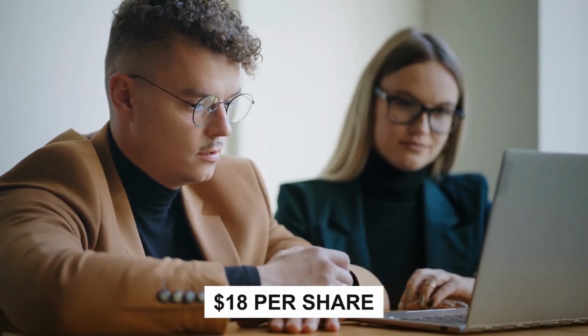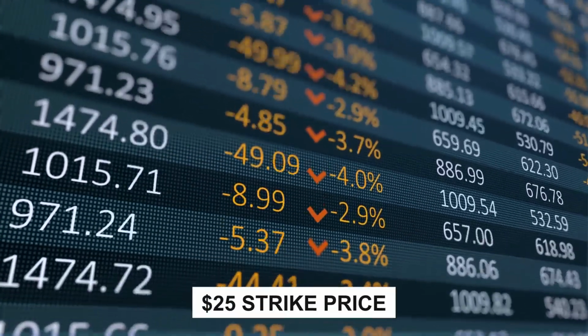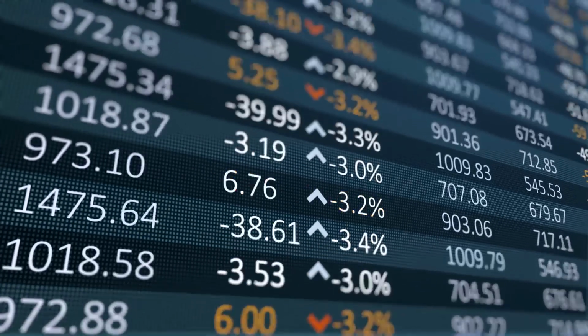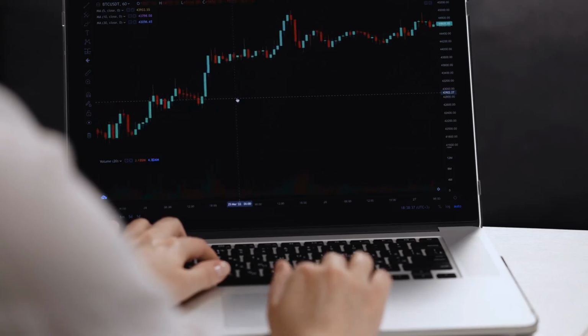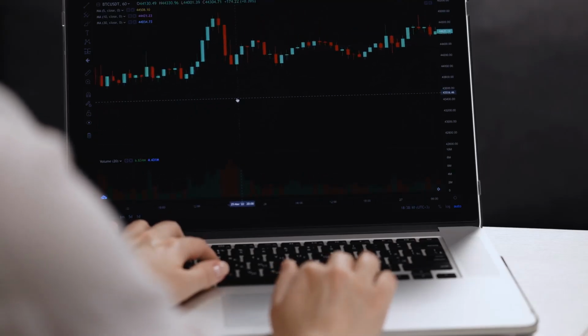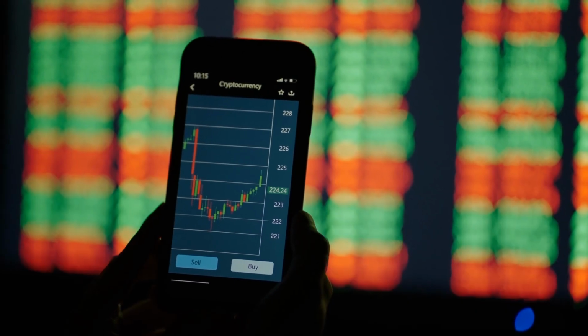Let me explain further with an example. Imagine this stock is currently trading at $18 per share, and you're considering two call options, one with a $20 strike price and another with a $25 strike price, both expiring in 28 days. The option with a $20 strike price is more likely to have value at expiration because the stock would only need to make a small move to reach $20 per share.